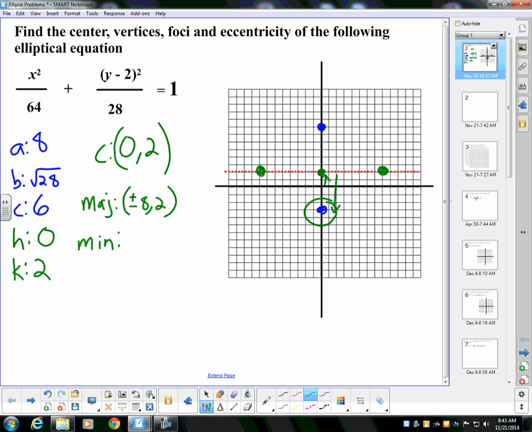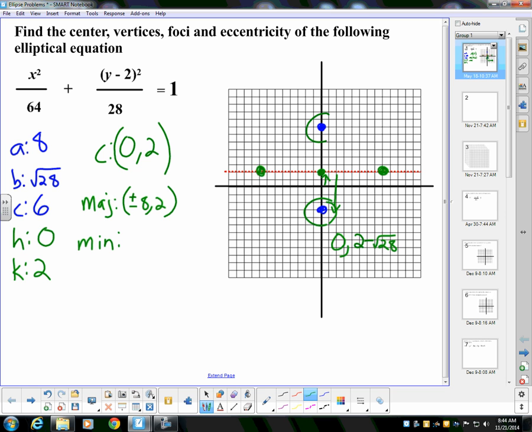We did not move anywhere horizontally, but vertically we went up 2, and then we went down the square root of 28.